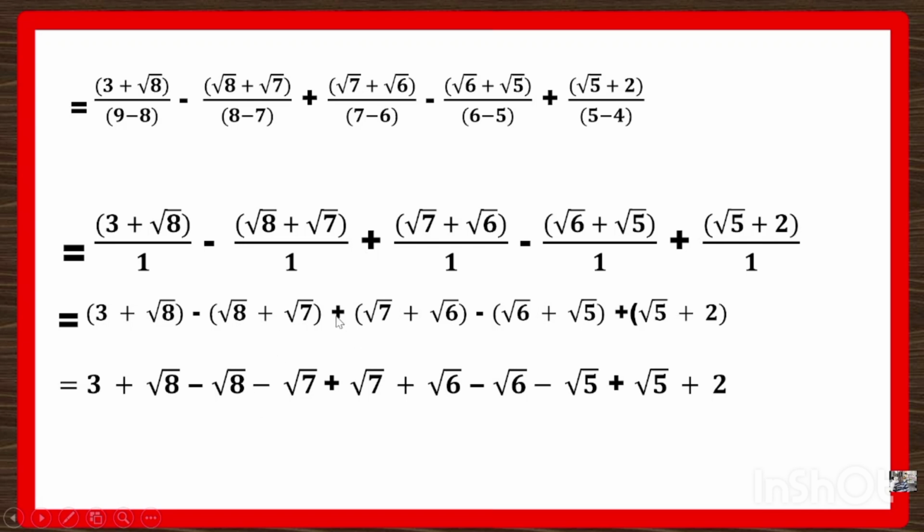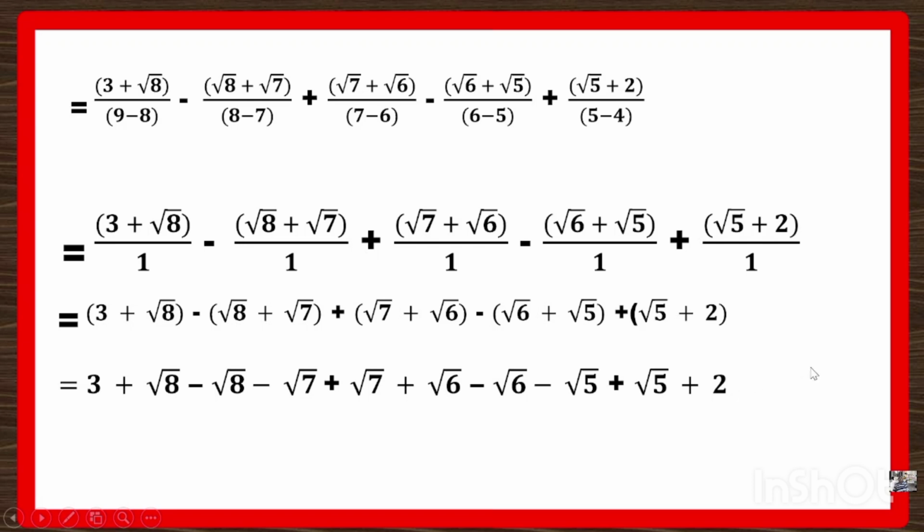Similarly, here is a plus sign before the bracket, so plus root 7 will be plus root 7, the sign will remain the same. Plus root 6 will be plus root 6. There is no change in the sign. But here is which sign? Minus sign. So here the plus root 6 will be minus root 6, and plus root 5 will be minus root 5. Here similarly, plus root 5 will be plus root 5, and plus 2 will be plus 2.